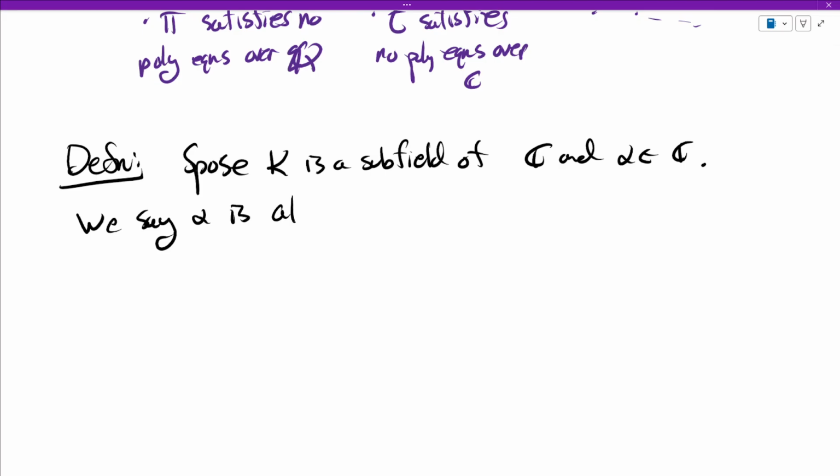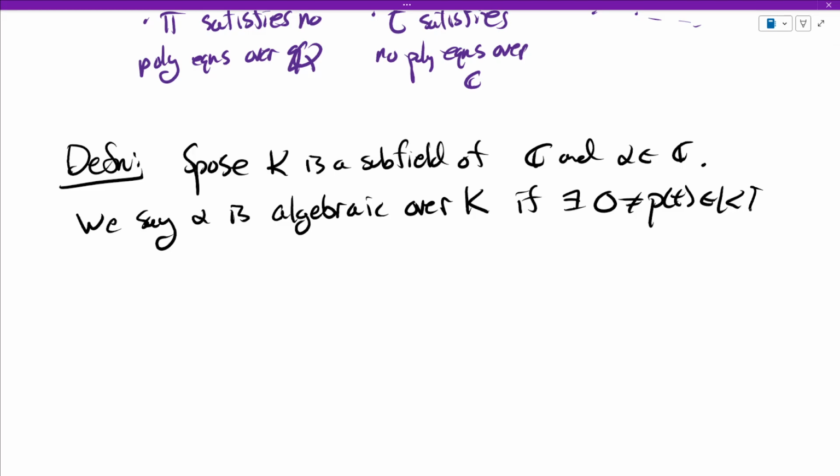We say that alpha is algebraic over K if there exists a non-zero polynomial with coefficients in K such that P of alpha is 0. So what this is saying is that alpha satisfies some polynomial equation with coefficients in whatever field you're starting with. Usually we'll start with Q, but not always.